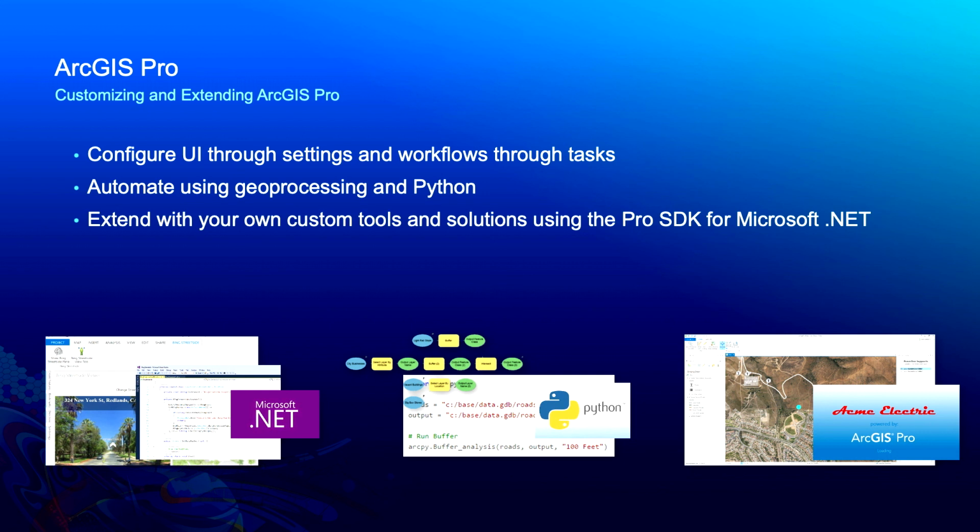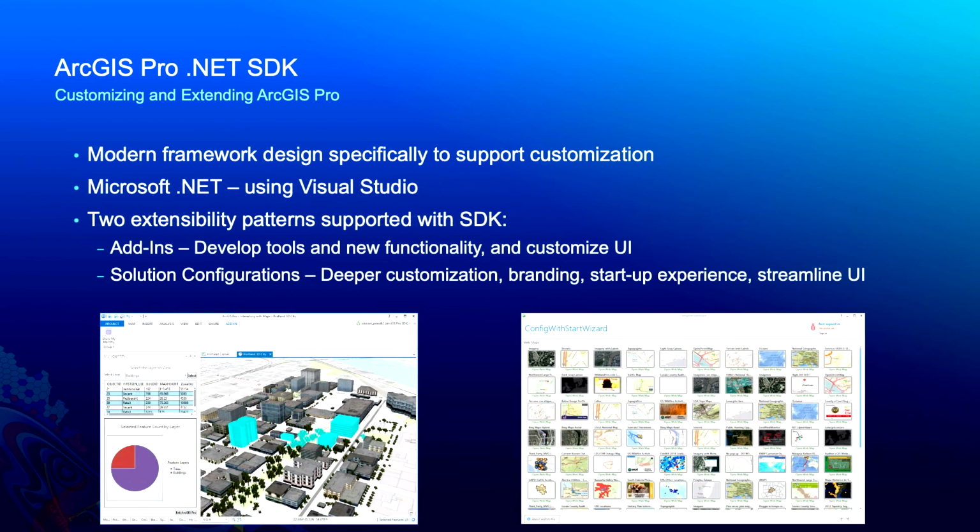And you do that using the Pro SDK, which is a .NET-based SDK. It's a modern framework. It's nothing remotely similar to the old ArcMap, VBA, or ArcObjects API. It supports Visual Studio, and with the Pro 3.0 release, it will support the latest version of .NET and the latest version of Visual Studio.